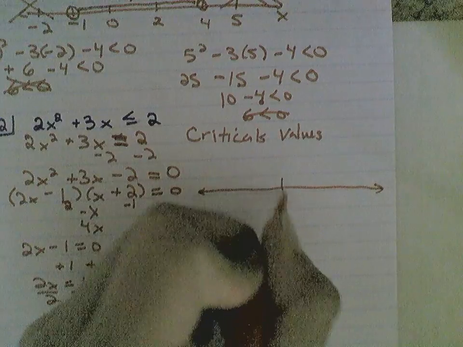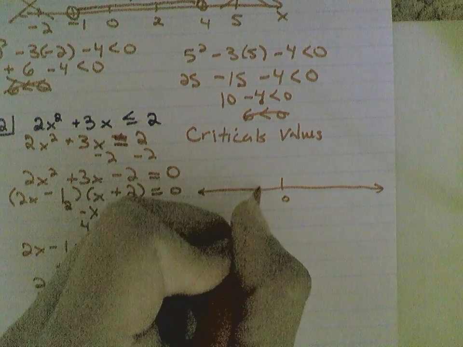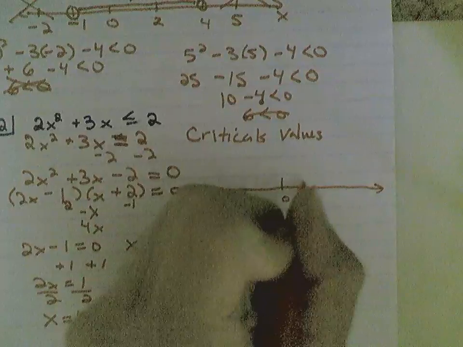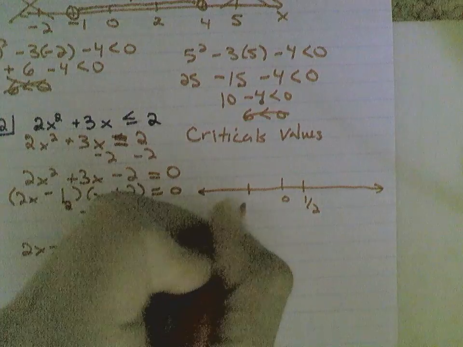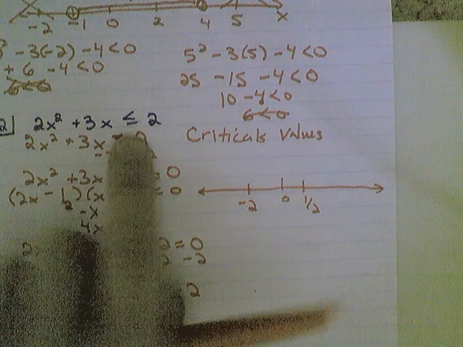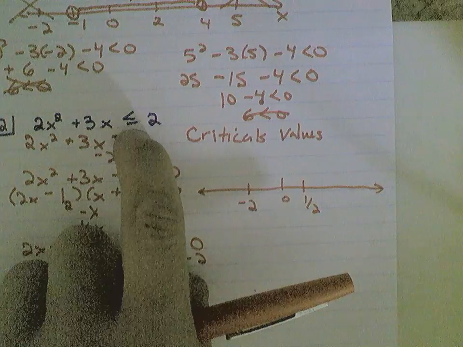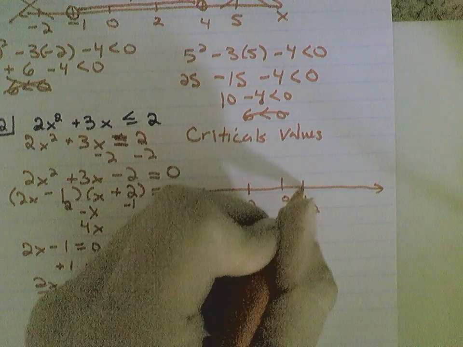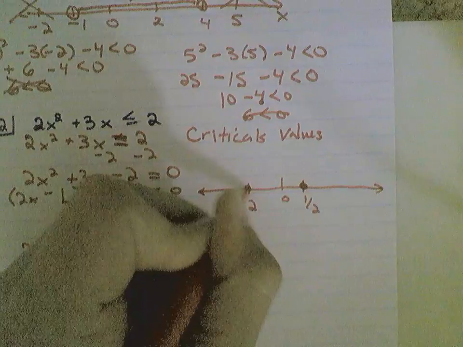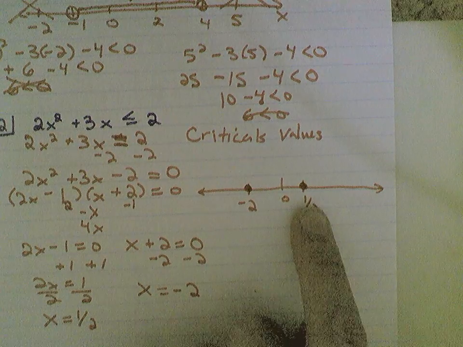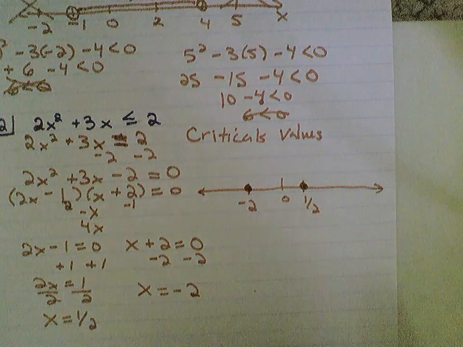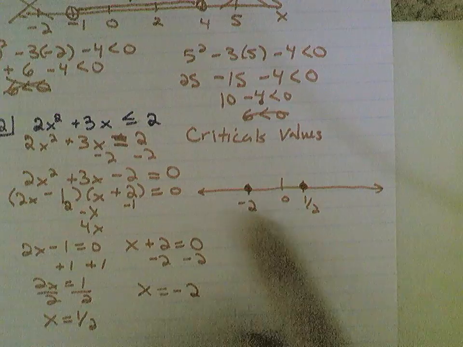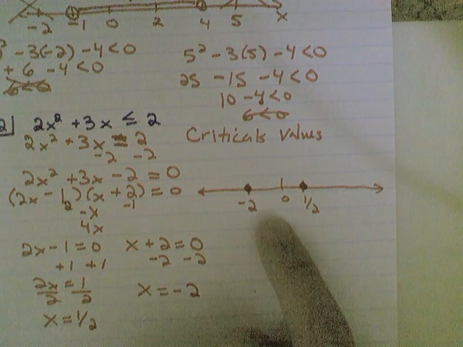So for instance, maybe I'll put 0, and then I know I'm at a half, and then I'm also at negative 2. I noticed that I had a less than or equal to sign, so I can fill in these points on the critical values because they will be solutions in my final answer. Now, if you notice my number line here, the critical values split it into 3 regions.